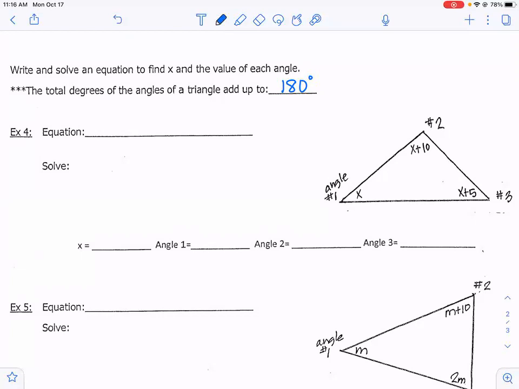We know that these 3 angles add up to be 180. So let's take angle 1 plus angle 2 plus angle 3. And they're going to add up to be 180.